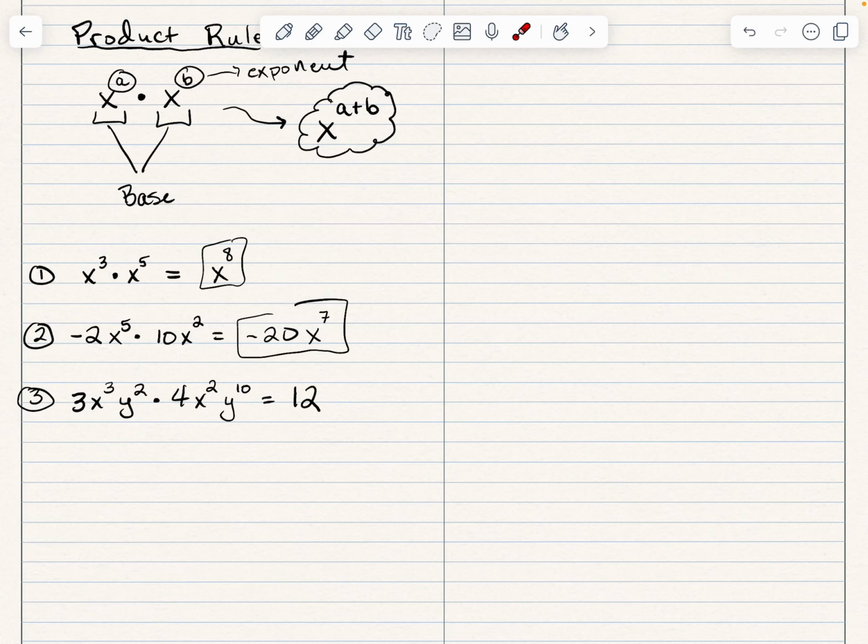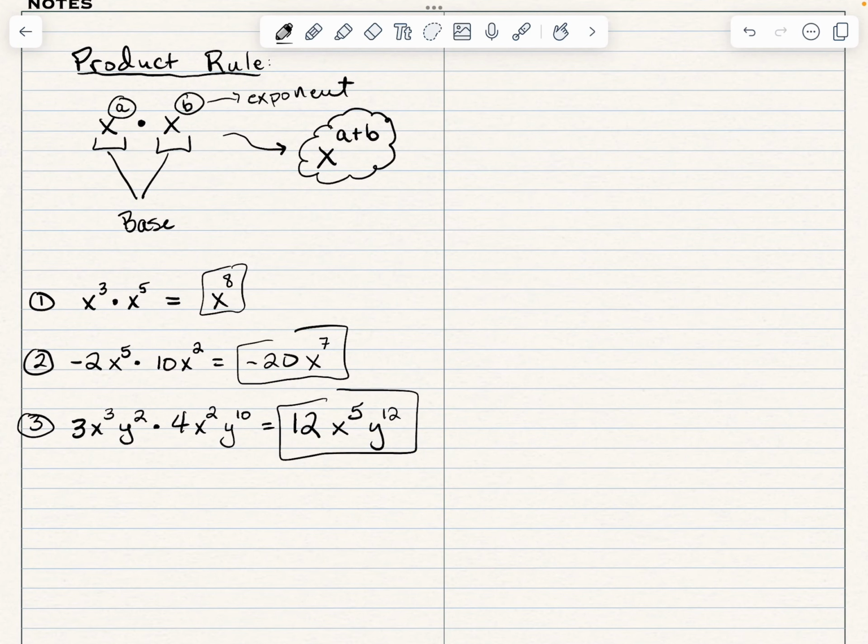I have a base of x and a base of x here, so I add my exponents together with that same base. That's x to the 3 plus 2 power, so x to the 5th power. And then I have another base, a base of y. So I have y to the second times y to the 10th. 2 plus 10 gives me y to the 12th. So that's how the product rule works with different bases.